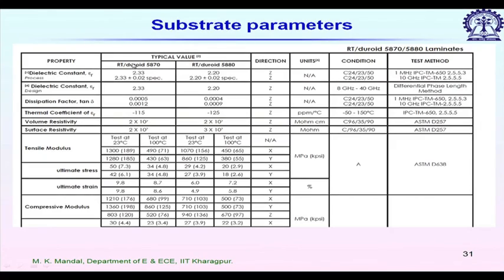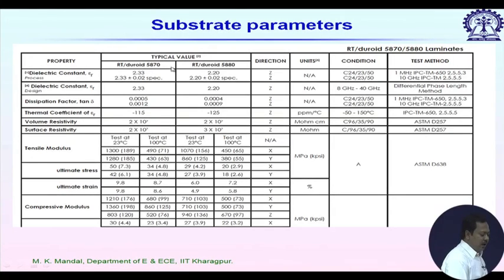And now, let us visit the Rogers page and find out how these specifications are given. So, for example, I am considering a typical RT/duroid 5870 substrate and RT/duroid 5880 substrate.